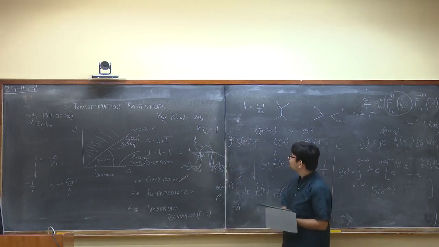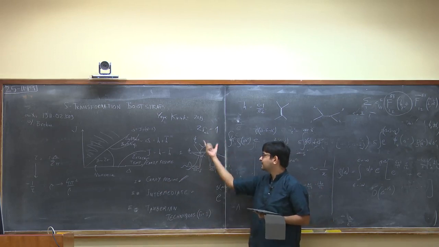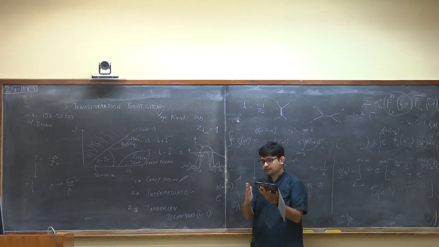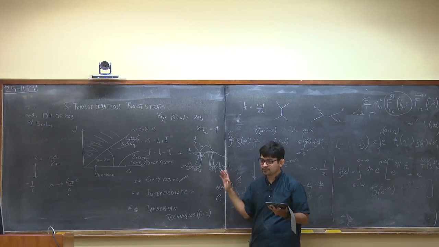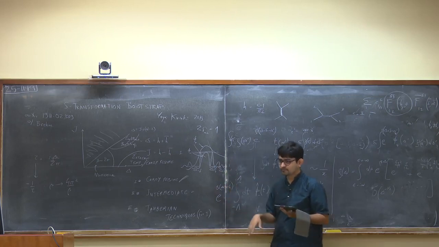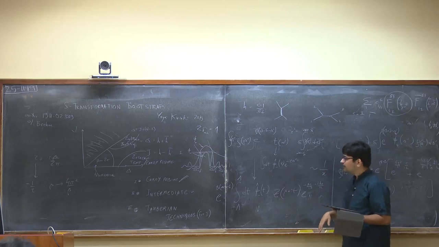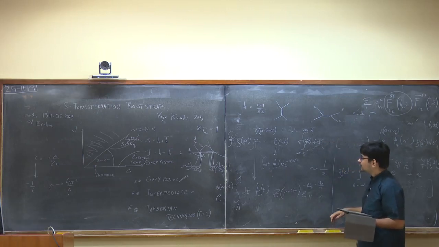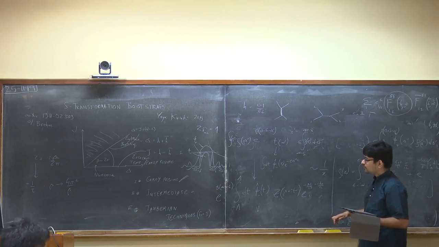So another way to state this result is, if I look at least at width 1, I will have at least one primary operator in that window for any CFT. For large enough capital delta.